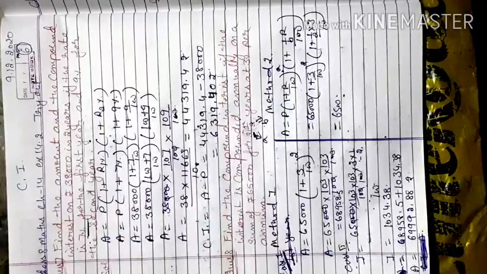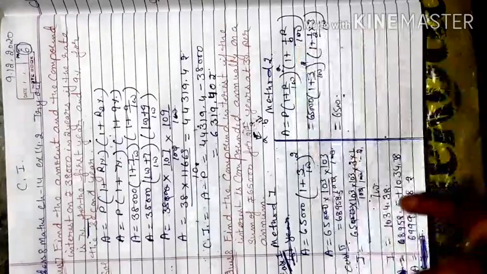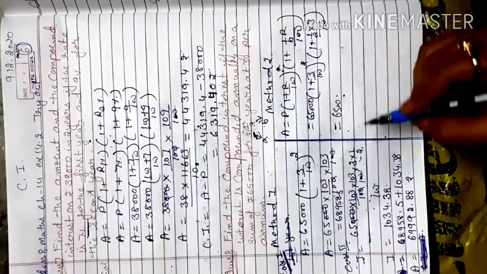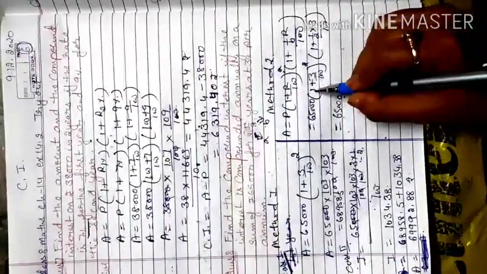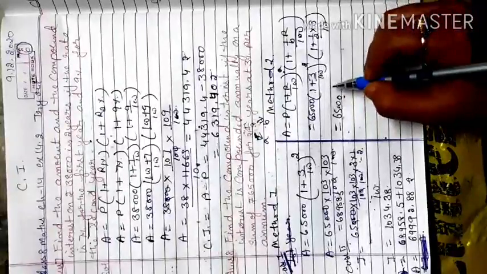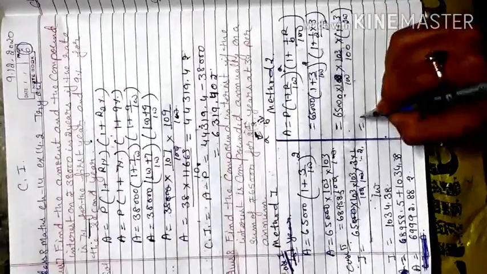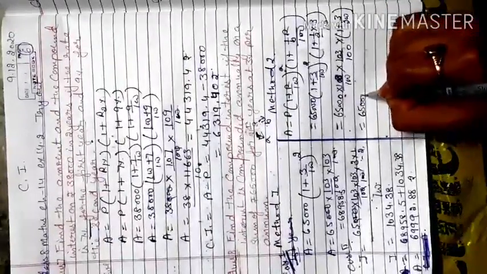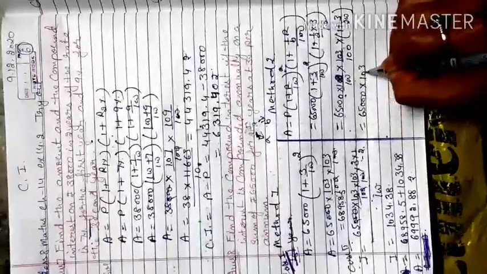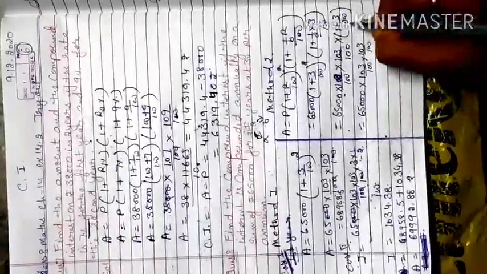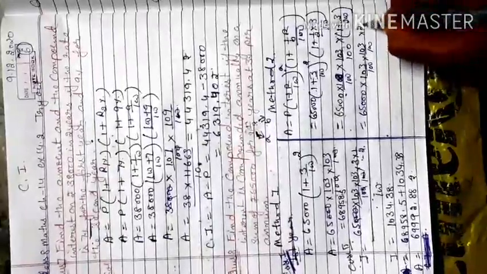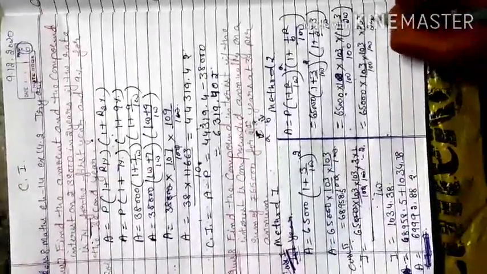So what is the part of the incomplete year? That is multiplied by the rate %. So when you take the LCM, 65,000 into (1 plus 3 by 100) gives 103 by 100, so 65,000 into 103 by 100 into 103 by 100, and for the last part the LCM gives 203 by 200.